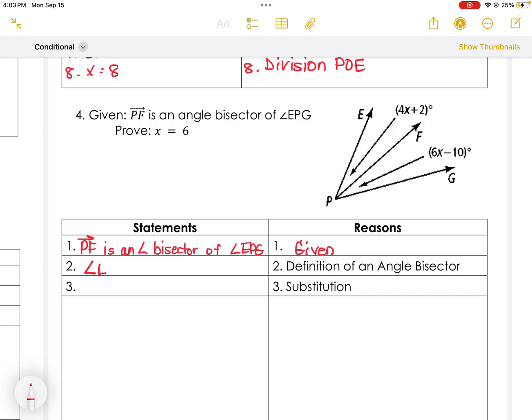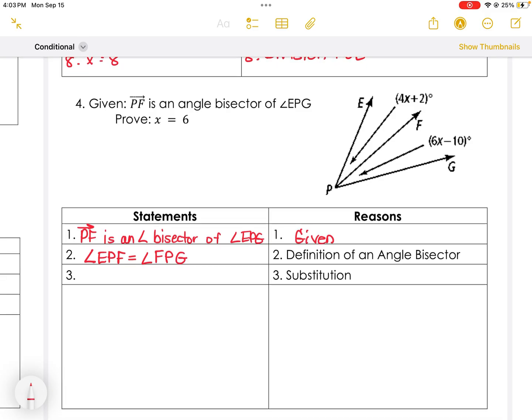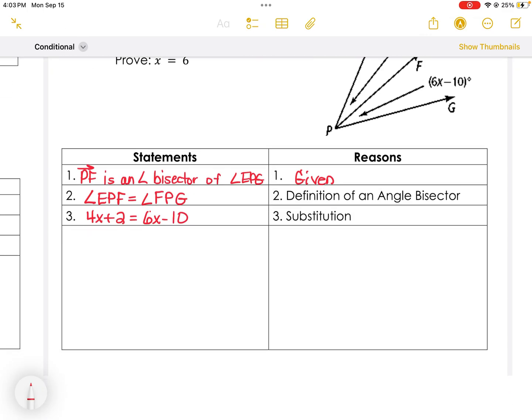And so angle EPF equals angle FPG. And so then if I substitute the algebraic expressions in, I'm going to have 4x plus 2 equals 6x minus 10. And then you can just keep going with the algebra to solve.